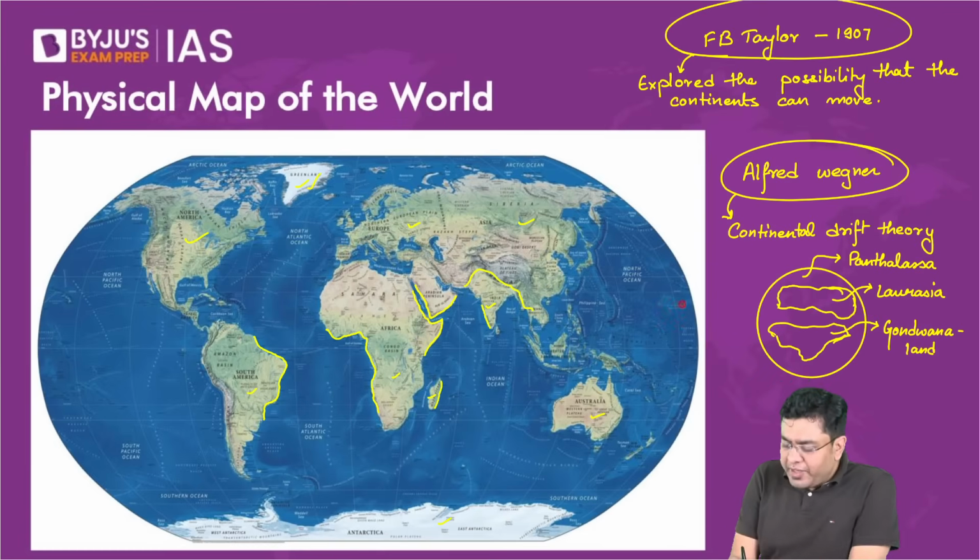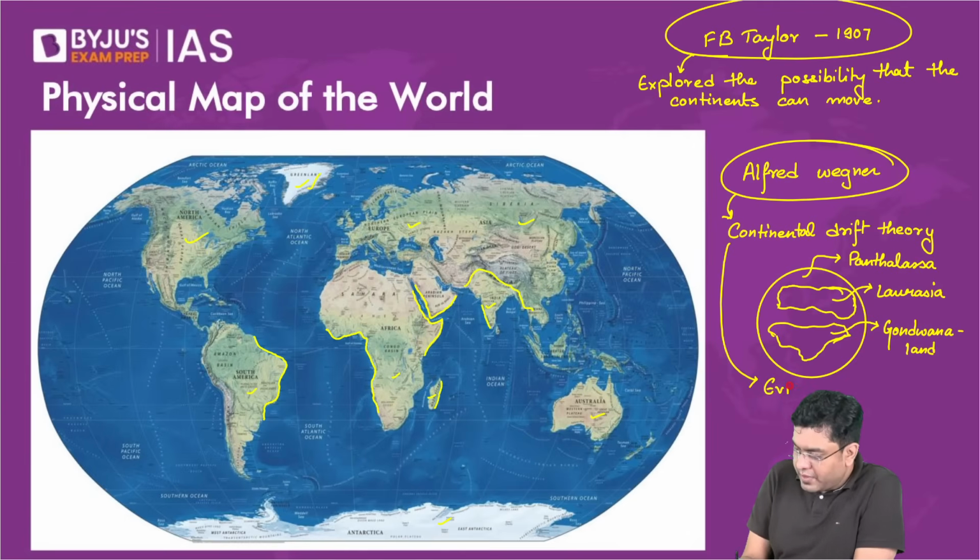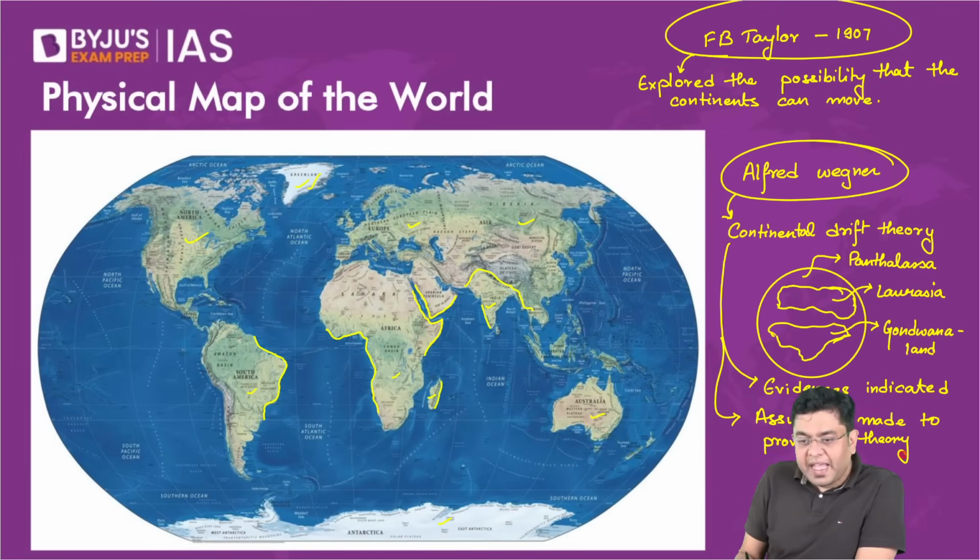First of all, we study the evidences provided or indicated by Wegener, then the assumptions made to prove the theory, and also the reasons for the drift.